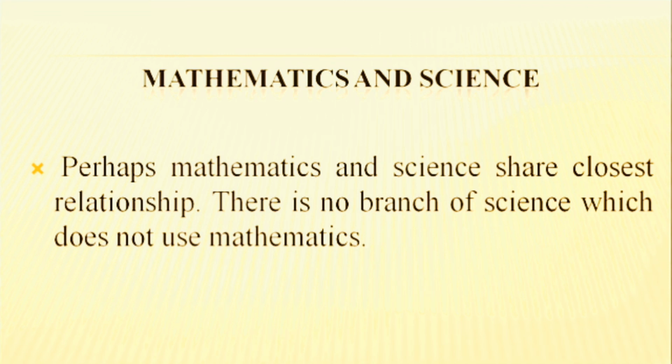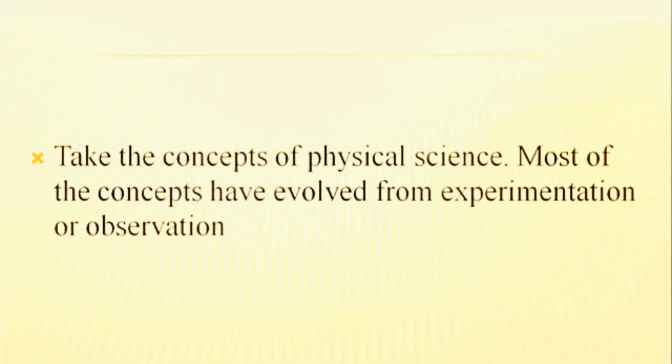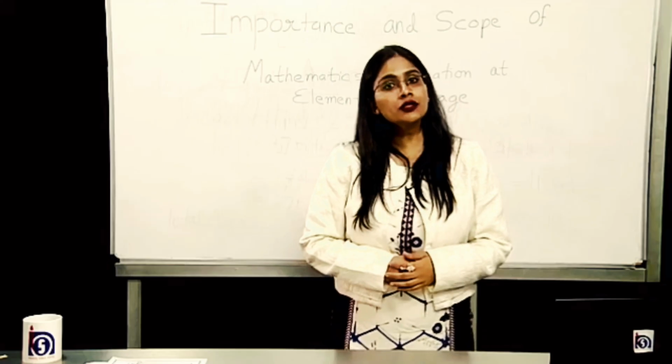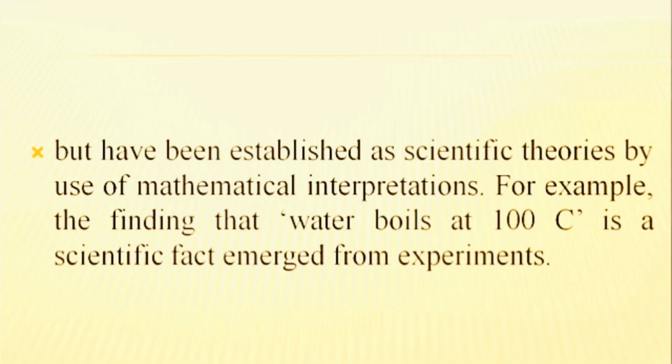Perhaps mathematics and science share a close relationship. There is no branch of science which does not use mathematics. Take the concept of physical science. Most of the concepts have evolved from experimentation or observation, but have been established as scientific theory by use of mathematical interpretations.